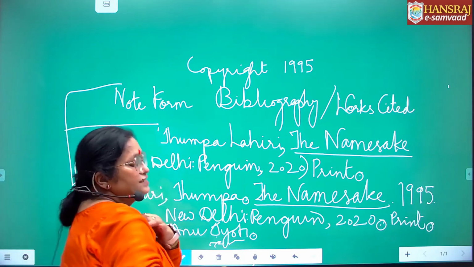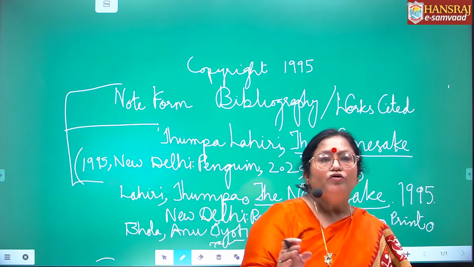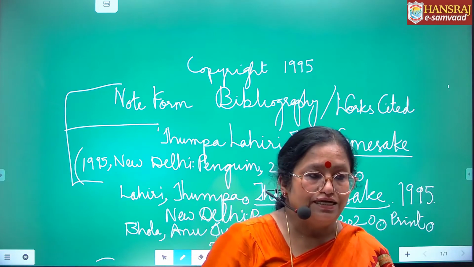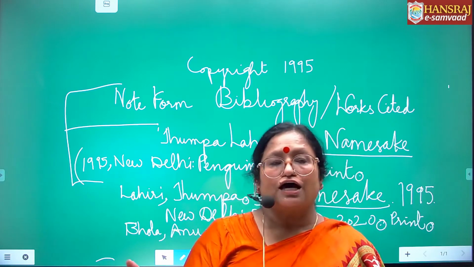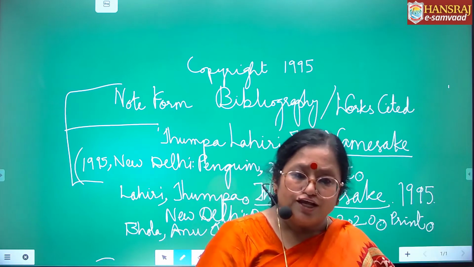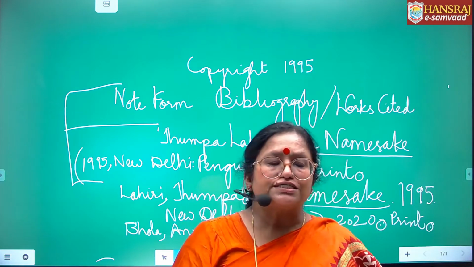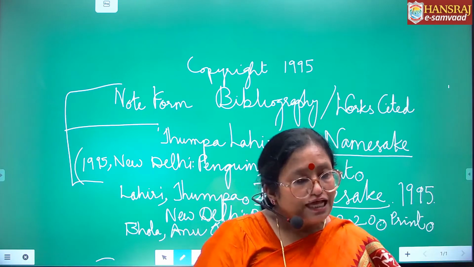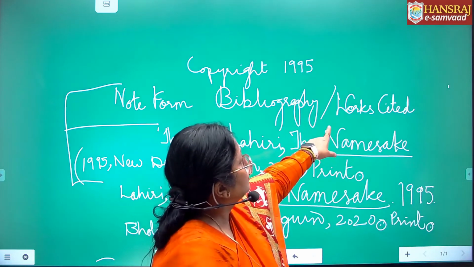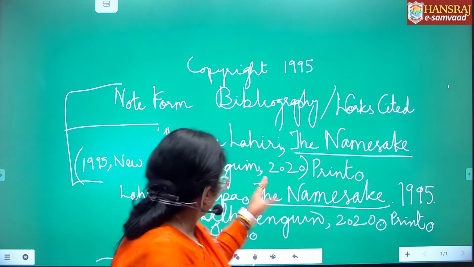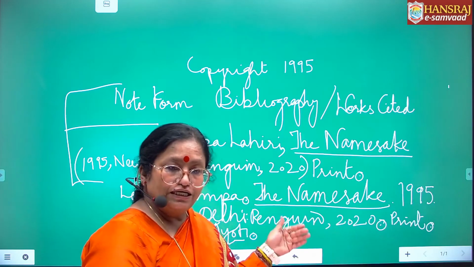So what we understand by bibliography is a list of books that you have consulted. But in the changed scenario, now there are performances, theater, films, video cassettes, everything that has become part of literature. That's why we are using the inclusive term, works cited and consulted. I think the basic thing you have got, right?